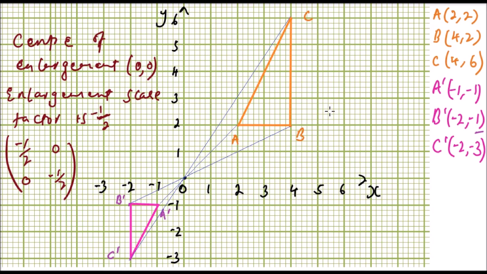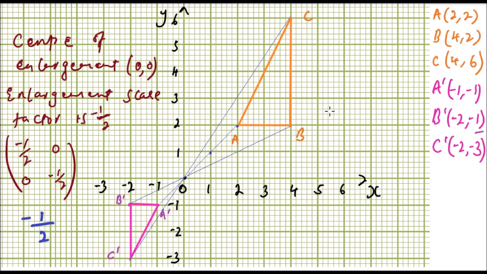If you take from the origin to A prime, it is 1, and divide by from the origin to A, it is 2. That is, this is 1, 2. Then you confirm that is the enlargement scale factor. And because the image is on the opposite side of the object from the center of enlargement, we put a minus to indicate that. So that's how you do that.